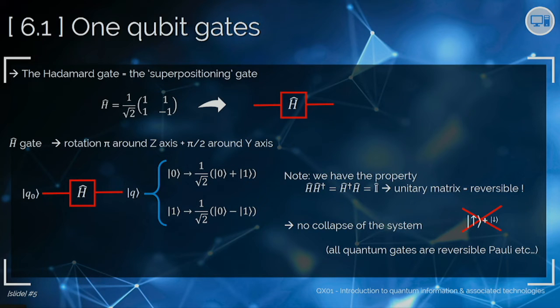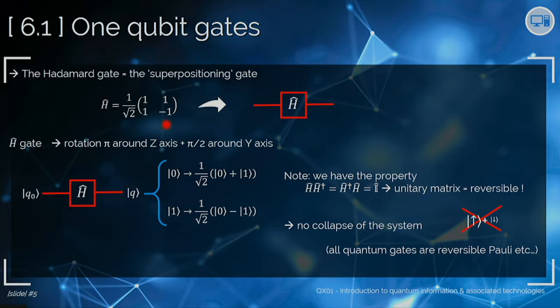There's another very important gate, which is the Hadamard gate. So this is a presentation of the Hadamard gate. And we've seen an example of what it does to a qubit Q0 with an input 0 or an input 1. What it does basically is put a given qubit state into a superposition state of 0 plus 1, or 0 minus 1, depending on which state you start from.